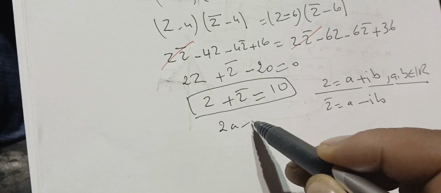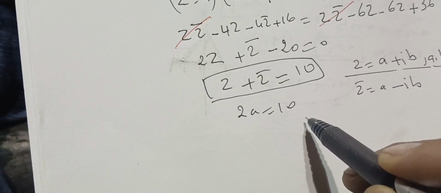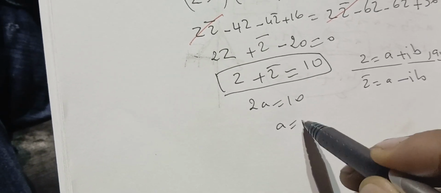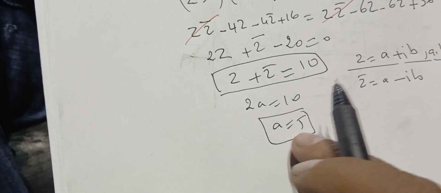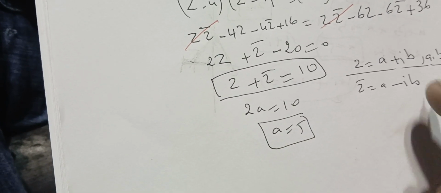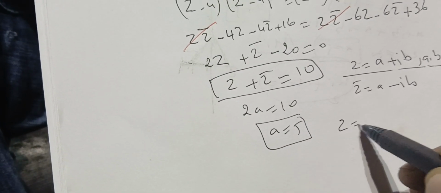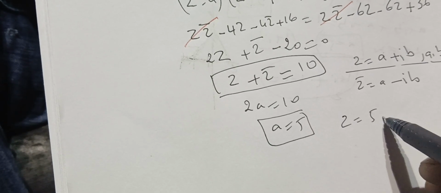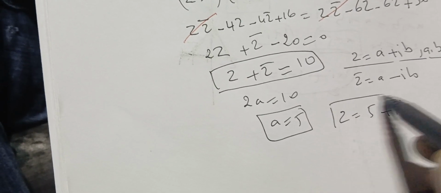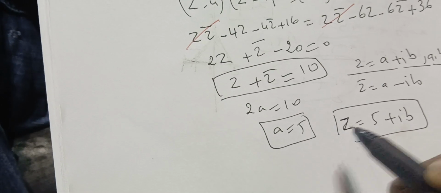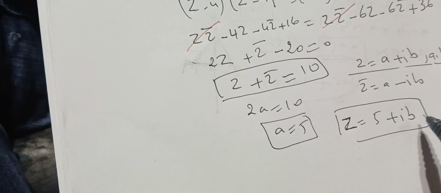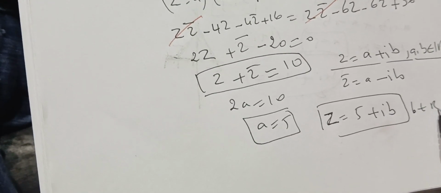So 2a is 10, that means a is 5. So we found a, and b can be anything. So z is 5 plus ib. This is a solution, with b a number in R.